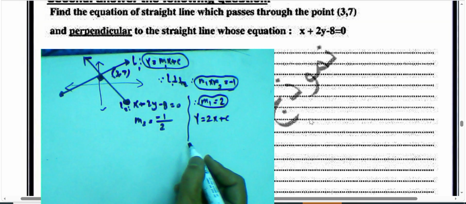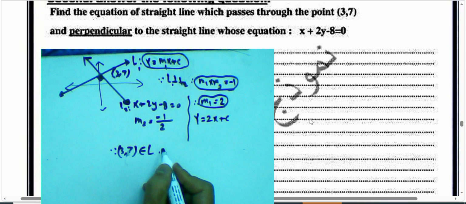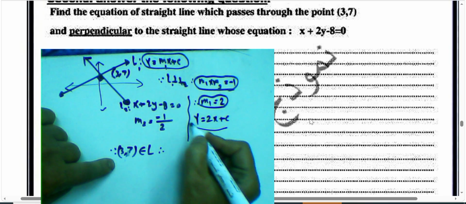Then y equals, putting the value m equals 2, 2x plus c. We have the point here: the straight line passes through the point (3, 7). So (3, 7) belongs to the straight line, which means it satisfies this equation.